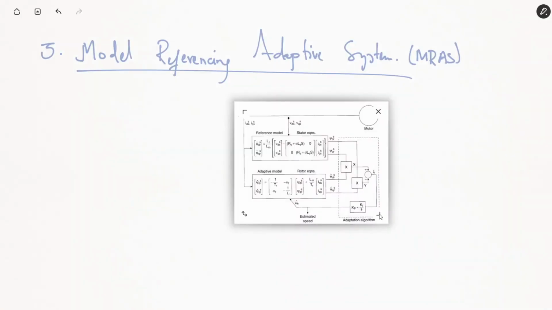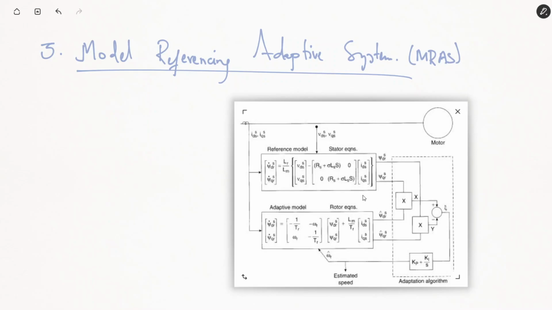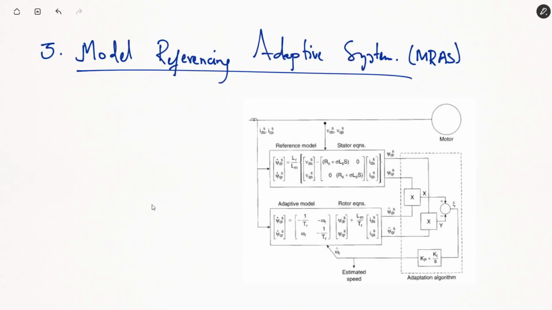So this here is the MRAS algorithm implementation strategy. You can see that we have two models. We have the adaptive model and we have the reference model. Using the reference model, we are getting an estimate of speed, and using the adaptive model, we are getting an estimate of speed. The reference model gives us the nearly true value of the speed estimate. The adaptive model here is the speed value that we are trying to derive.